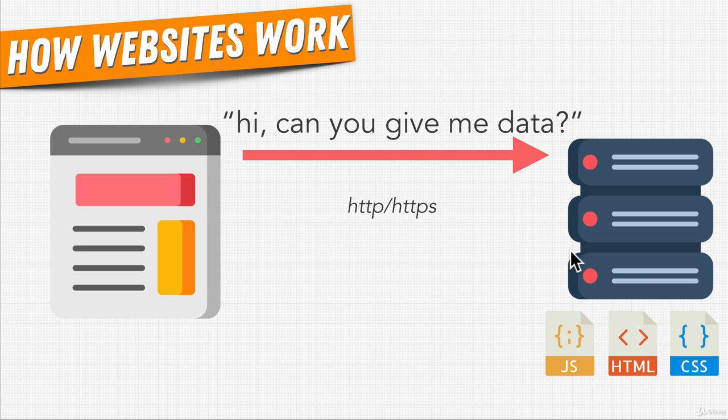For example, we can agree that when we communicate, you and I are going to speak in English. In the same way, HTTP and HTTPS, which is a secured, encrypted version of communication, allows me to say, hey, can you give me the data? And the server to understand, oh, this browser needs the data that I have.